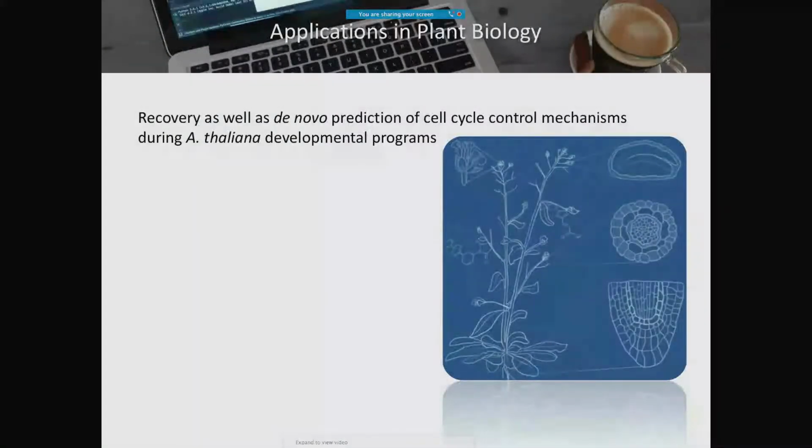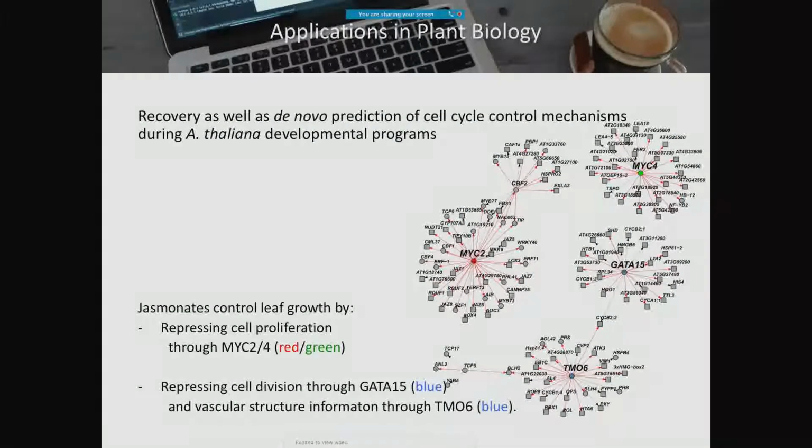Then we applied this, in our case in plant biology, using the model plant Arabidopsis, to see if we can recover links as well as find novel links. Here's an example where we applied this to a development data set, and we could recover known regulators for cell proliferation and cell division, and also find additional ones.